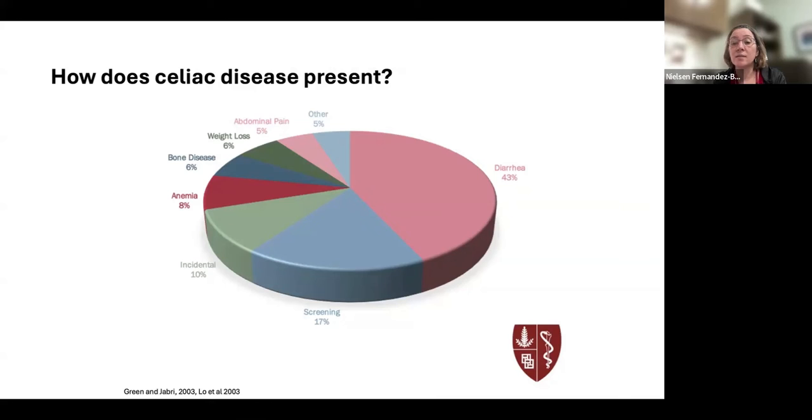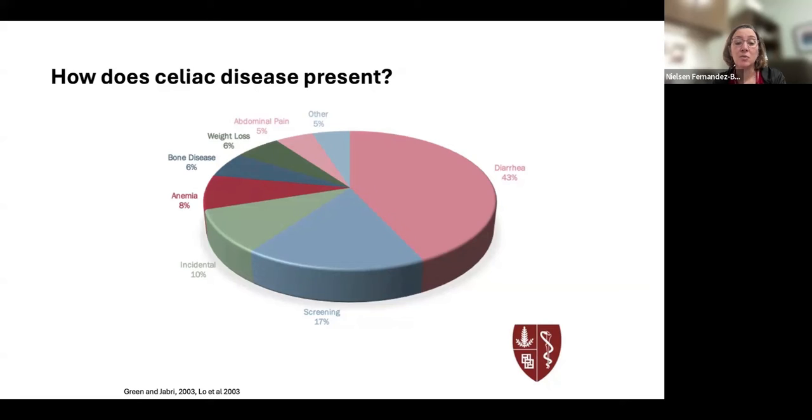What you can see is that the majority of patients do have intestinal symptoms. Many patients do experience diarrhea. However, many patients also come to the clinic because of other reasons: unexplained weight loss, an unexplained anemia, or decreased bone density. Interestingly, over the past couple of decades, most patients come to clinic not because of intestinal symptoms, but because something else is happening.